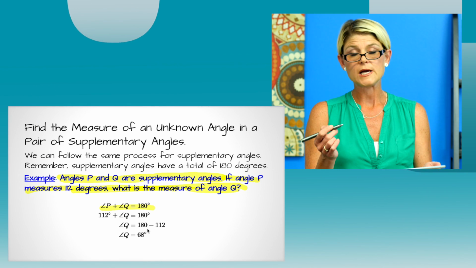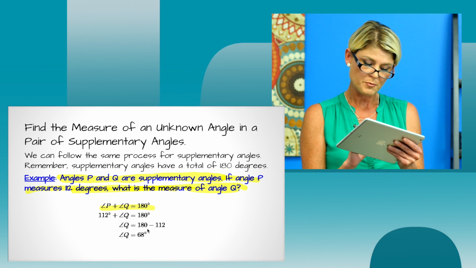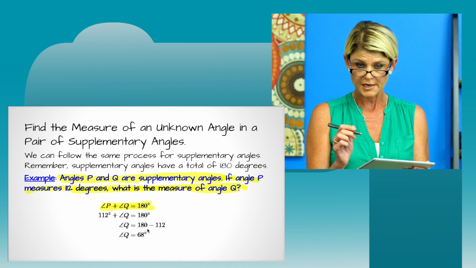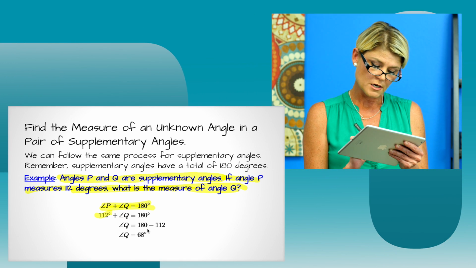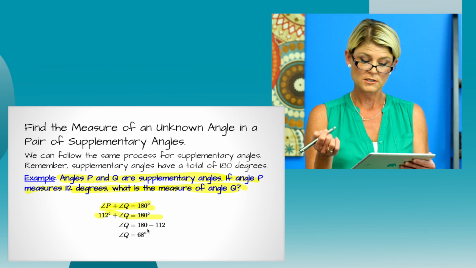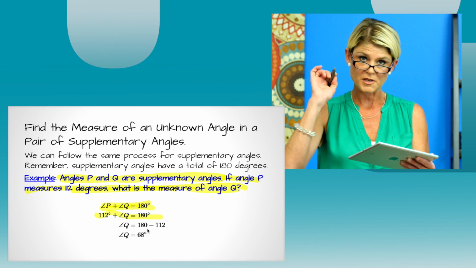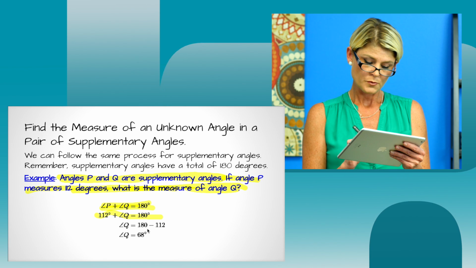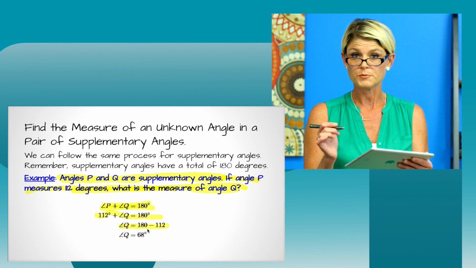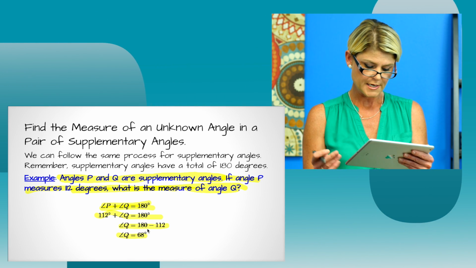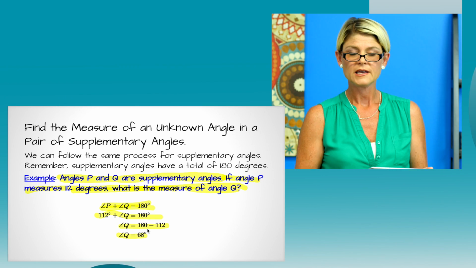We could also write it out as an equation. Angle P plus angle Q equals 180 degrees. P we know is 112 degrees plus Q, which altogether will be 180 degrees. We simply subtract 112 from both sides of the equal sign, and we come up with angle Q equals 68 degrees.